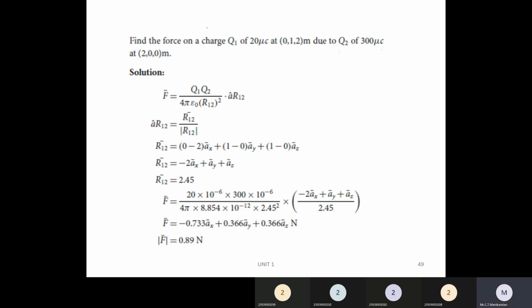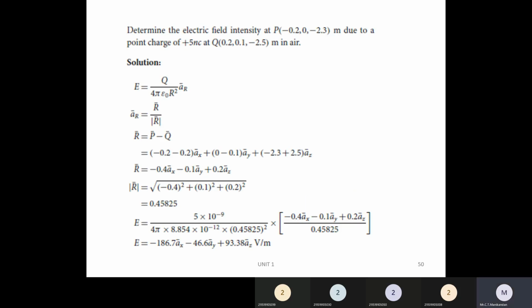Then for that F value, if you take the modulus, you will get minus 0.733 square plus 0.366 square plus 0.366 square. Then we have to take the root. So many students know about that. From the vector, if you want to find the resultant scalar, you have to take the modulus symbol, the root, along with that concept there.